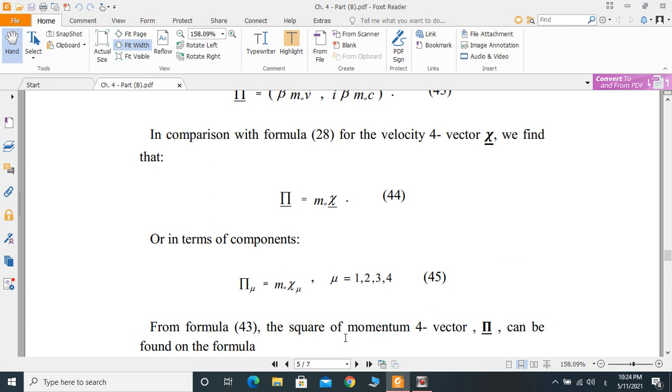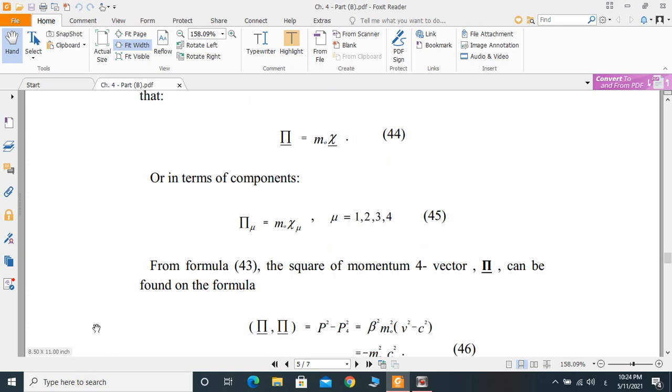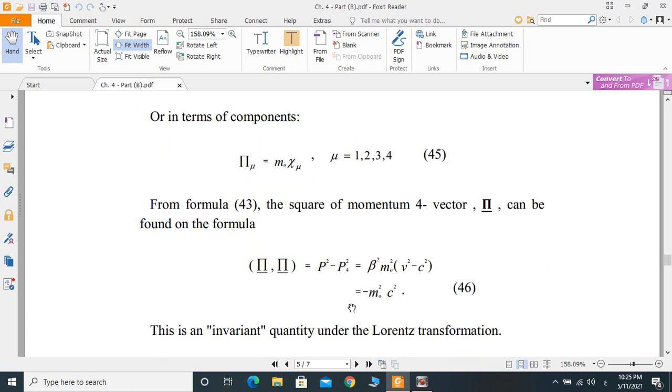The square of the momentum four-vector B can be written as B squared equals the inner product of B and B, which equals beta squared m naught squared kappa squared, which equals minus m naught squared c squared.